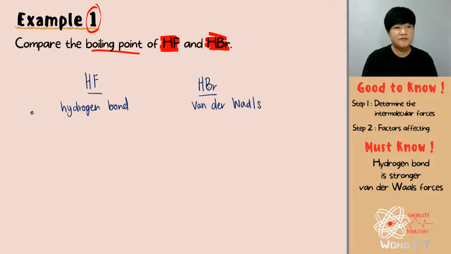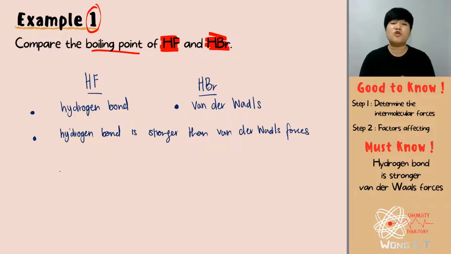So the first thing that we will do, always identify the type of intermolecular forces. Since HF has hydrogen bond, therefore, you know that hydrogen bond is stronger than van der Waals forces. So when hydrogen bond is stronger than van der Waals forces, what happened? Simple.